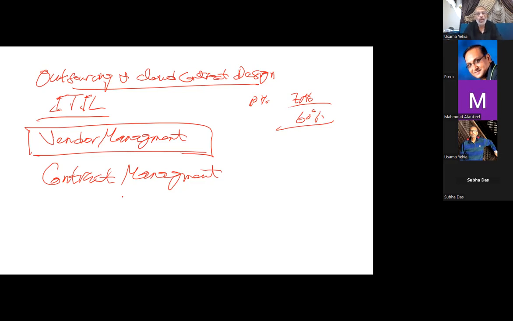Also, regulatory and legal requirements. Suppose that you are handling health records.